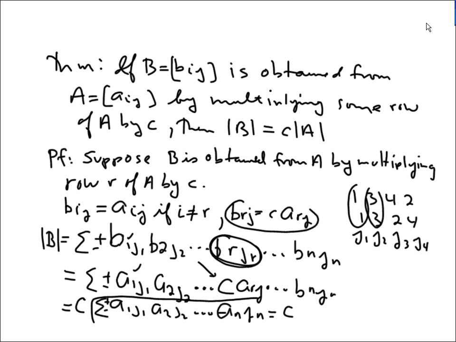This, by definition, you see something that looks like that, you say, oh, that's the determinant of A. So the determinant of B is really C times the determinant of A. If you multiply one row by some number, the determinant of this new matrix will be that number times the determinant of the original matrix.